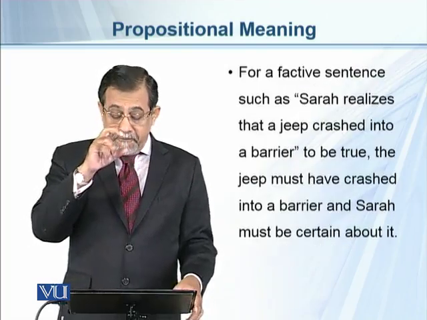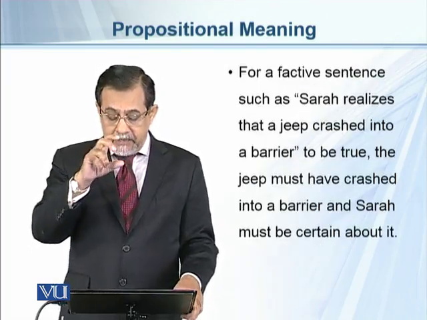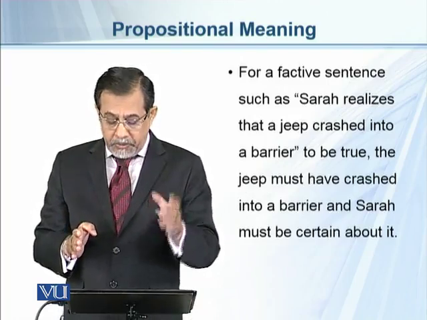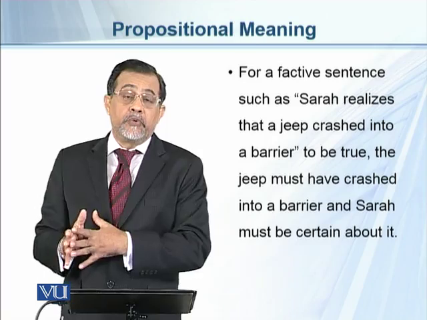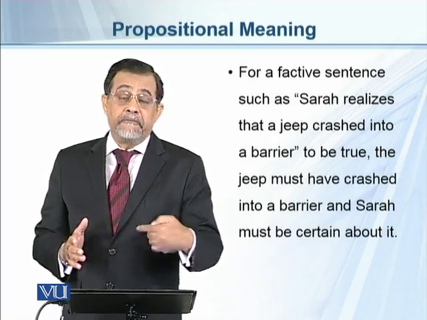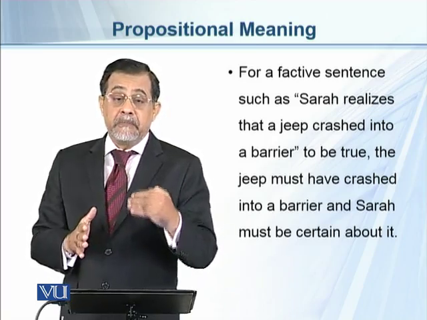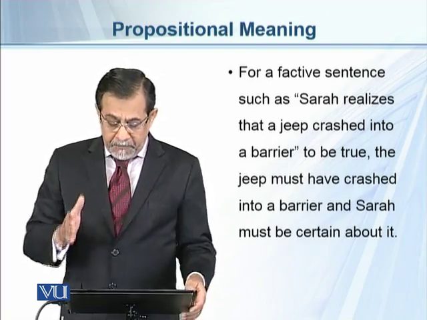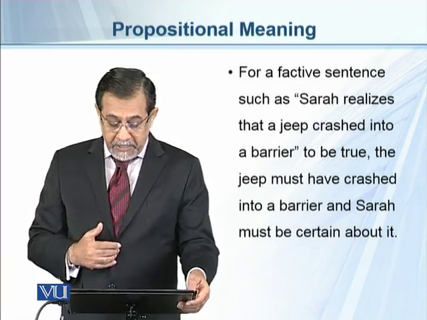For a factive sentence such as Sarah realizes that a jeep crashed into a barrier to be true, the jeep must have crashed into it. With this factive verb, we must be able to know that actually the action took place or it did not take place.